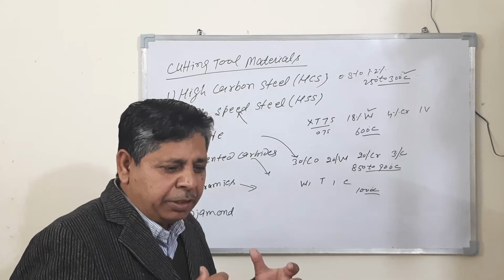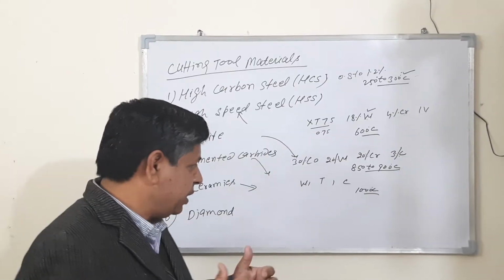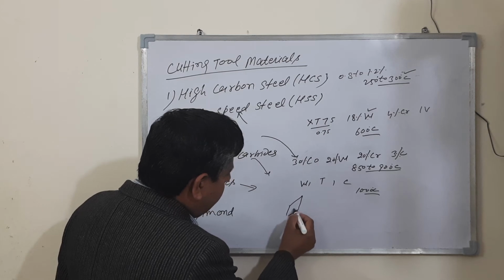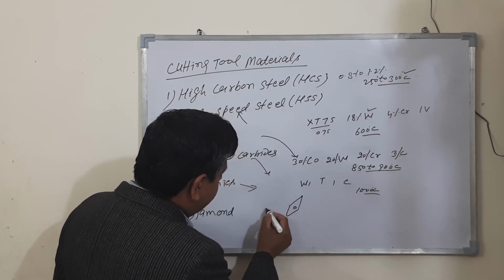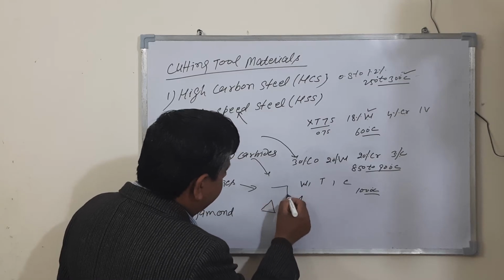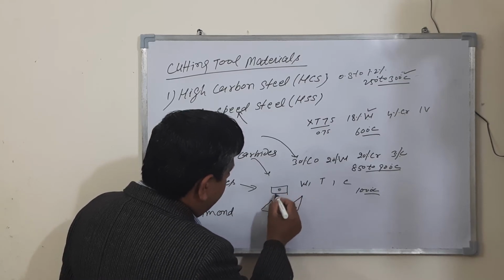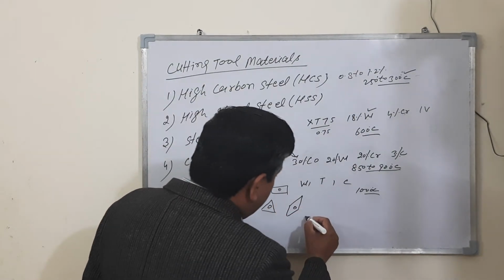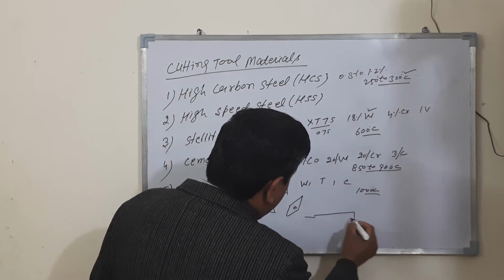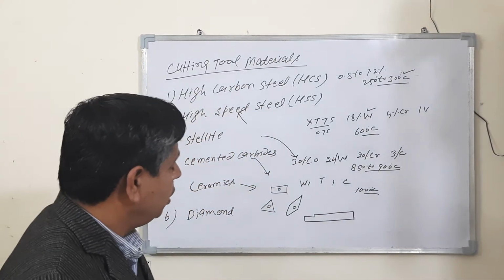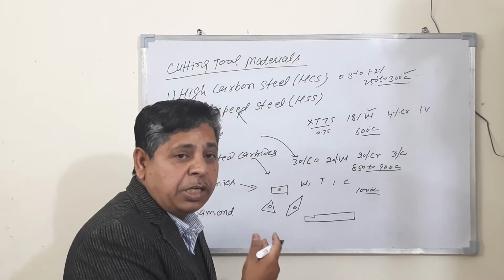It is compacted into different shapes and sizes, like this conical shape, triangular shape, rectangular shape. These tools are brazed on a steel shank.